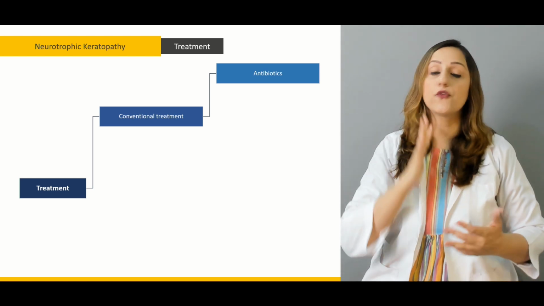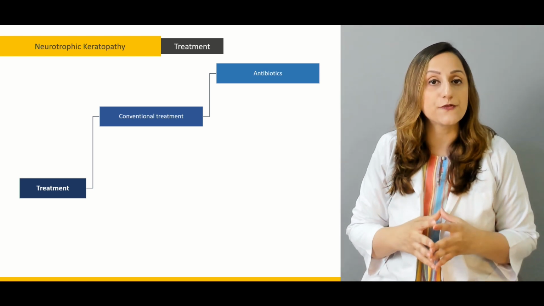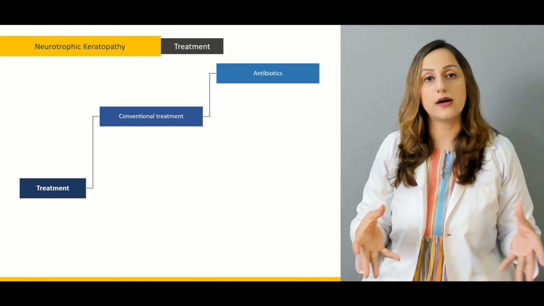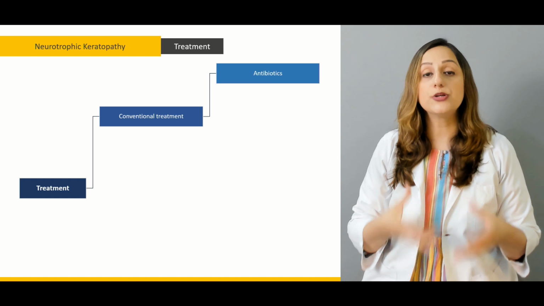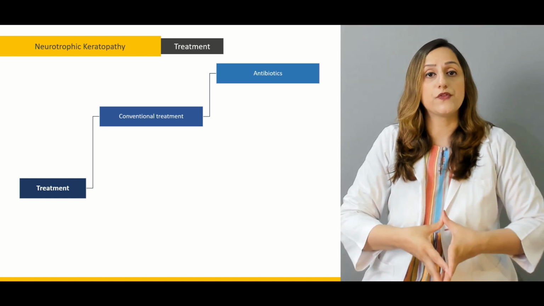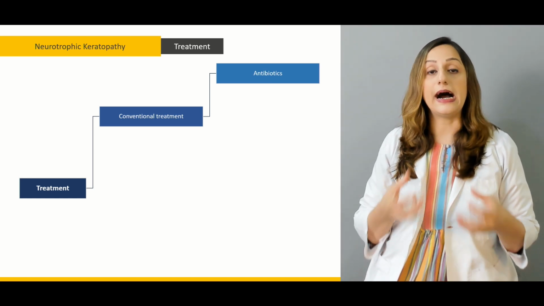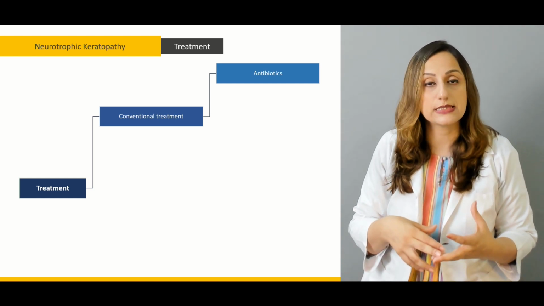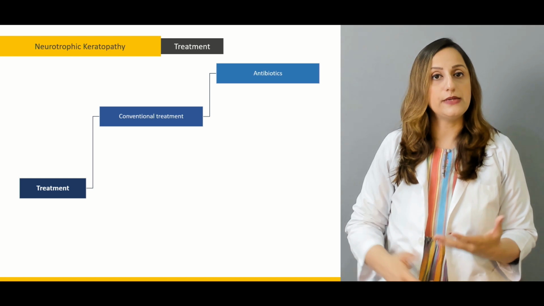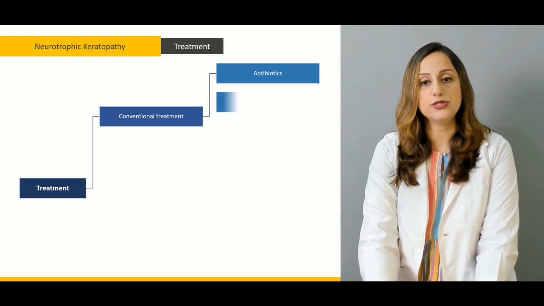Of course, we know that this is not an infective cause. There is no infection associated with this kind of development of ulceration. But obviously, due to the development of the ulceration, the eye and the cornea are exposed to superimposed bacterial infections. So we'd give prophylactic antibiotics in these patients.